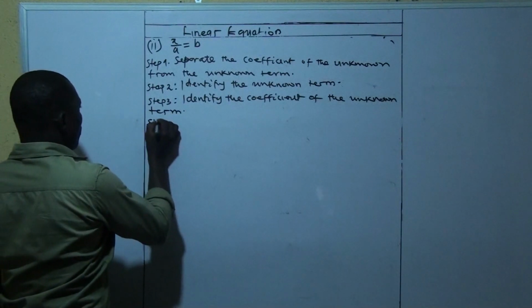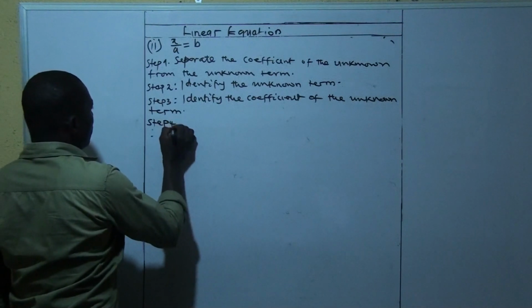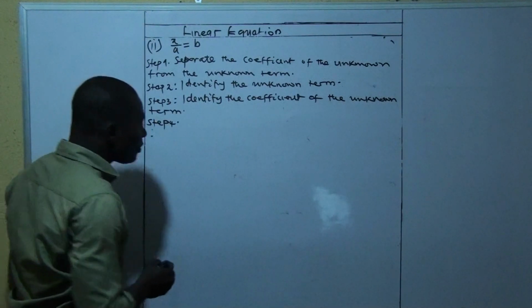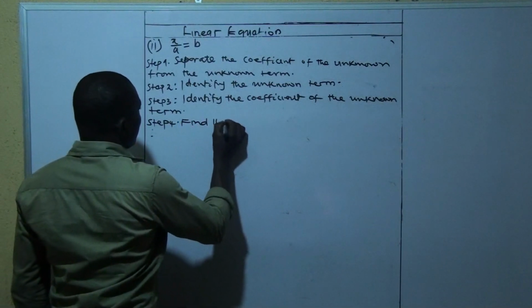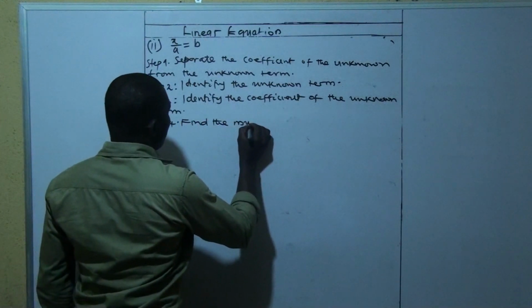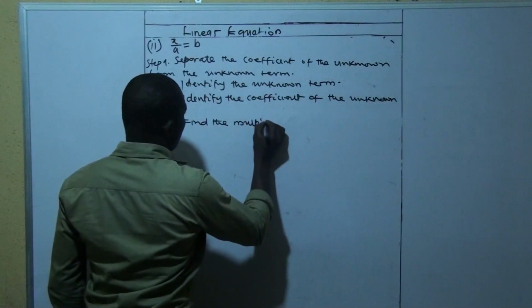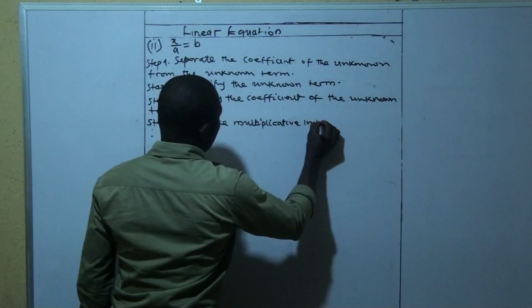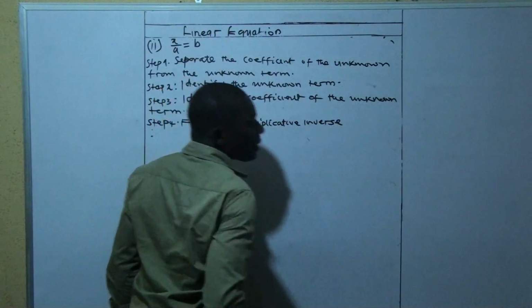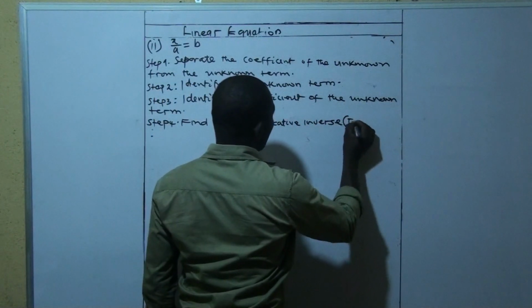Then step 4, find the multiplicative inverse, which is the same thing as the reciprocal.